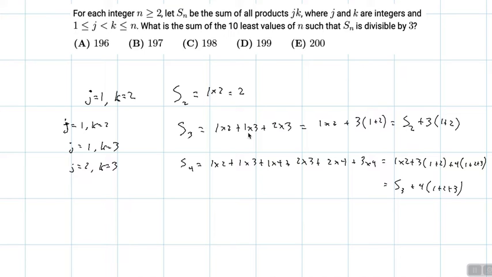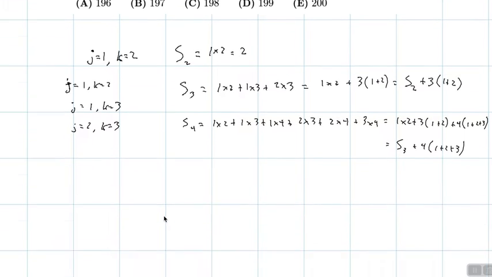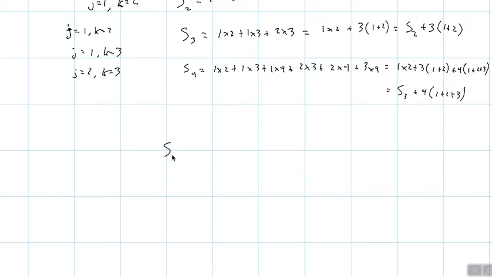And so the pattern is going to continue the same way. So generalizing, we can say that S sub n has to be equal to S sub n minus 1 plus n times (1 plus 2 all the way to n minus 1).